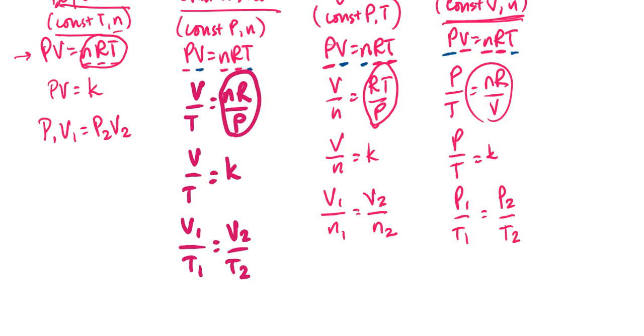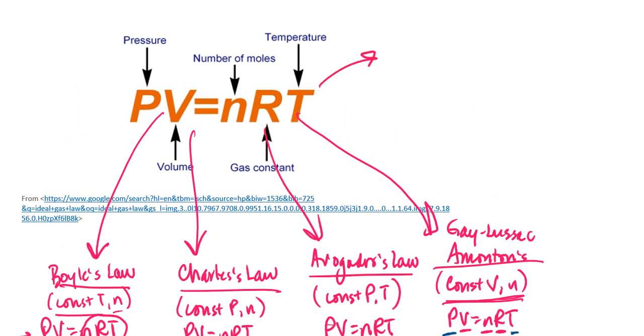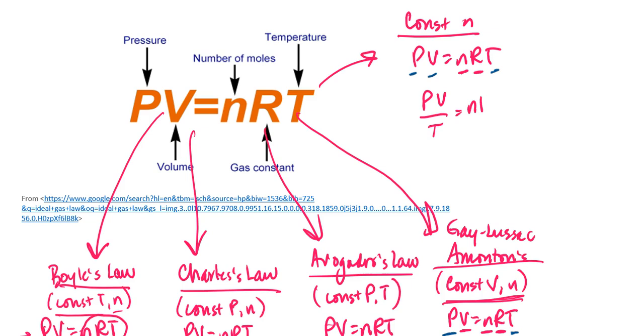Okay, so suppose we only hold one variable constant. Suppose we only hold the number of moles constant and let everything else vary. Well, PV is equal to nRT. So since I'm holding only the number of moles constant, and the ideal gas constant obviously is always a constant, with everything else changing, then if I pull all the variables to one side of the equation, I get this.